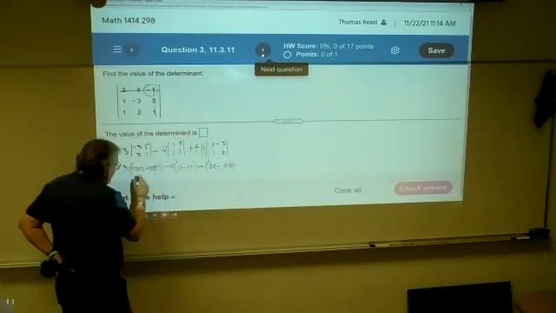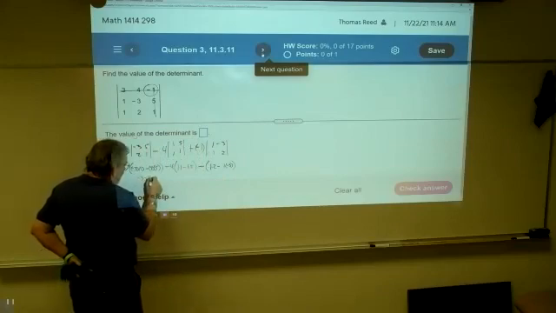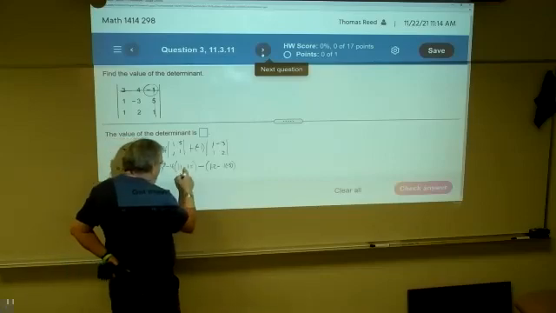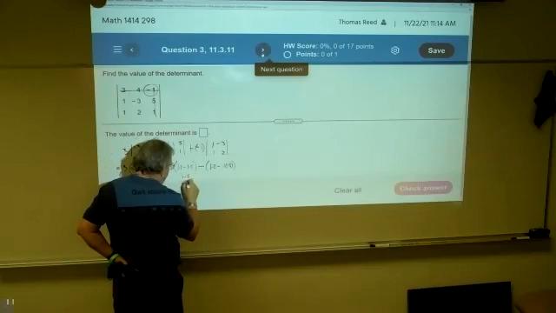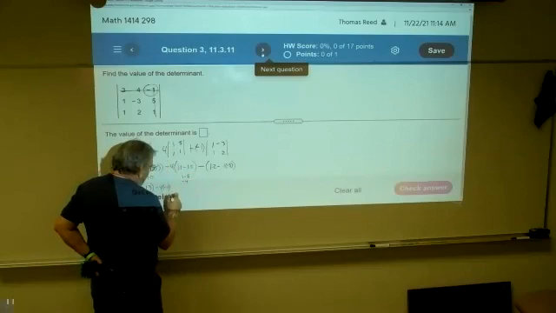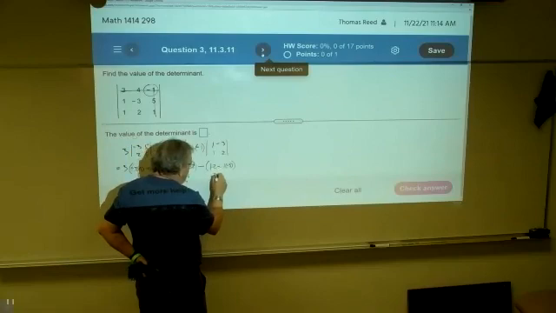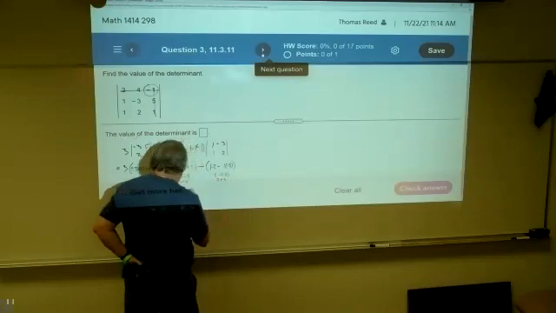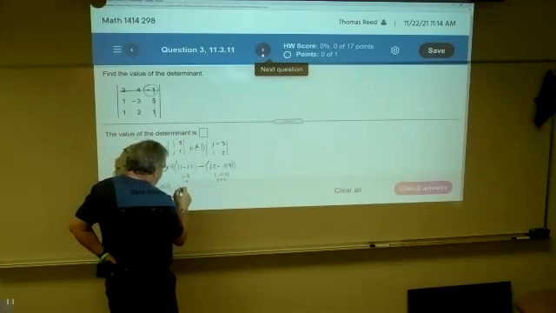I simplify these: -3 minus 10, so this becomes 3 times -13. This becomes 1 minus 5, which is -4, so this is minus 4 times -4. This is 2 minus -3, which is 2 plus 3, so this becomes minus 5.